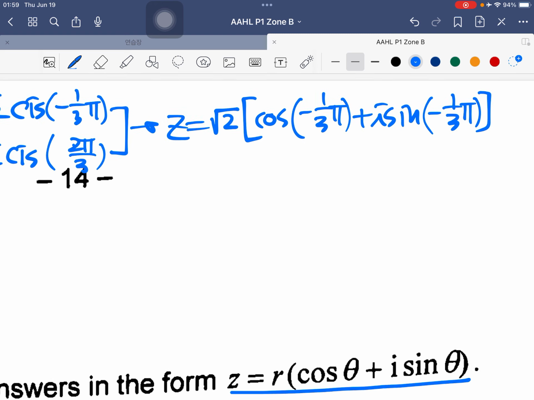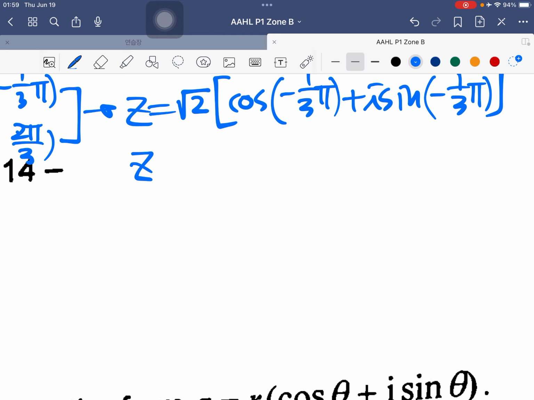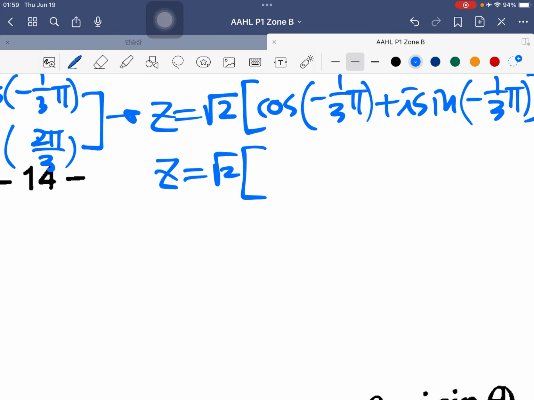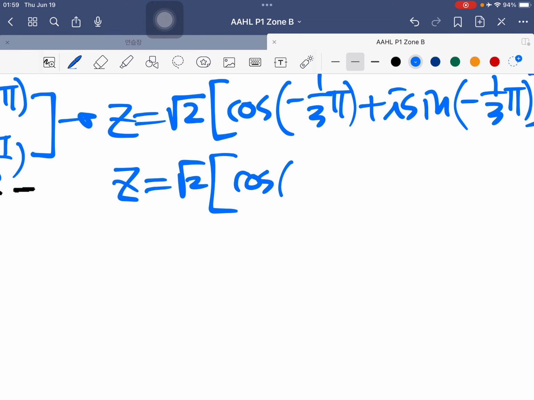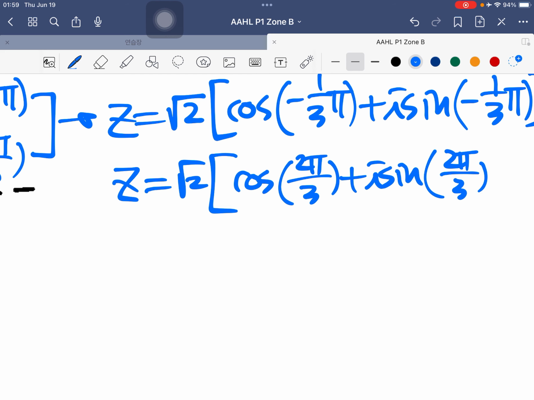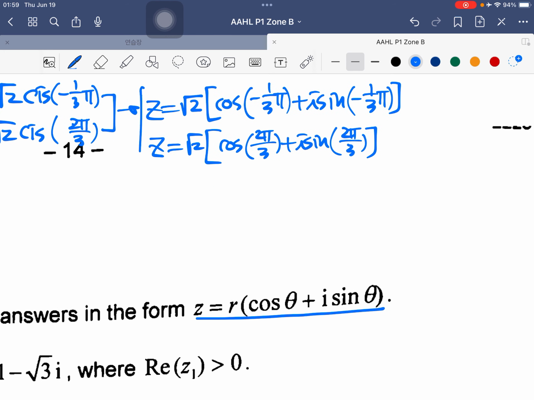This is the first answer. And the second answer is root 2 cosine 2 pi over 3 plus i sine 2 pi over 3. So this is the answer for the first question.